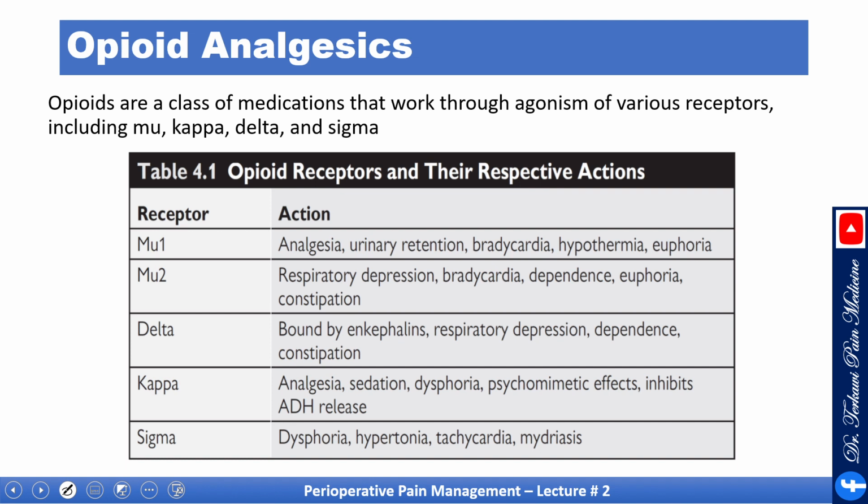But, for example, mu1 is usually the main receptor for analgesia. Mu2 is for constipation. Delta is mostly for behavioral changes and dependence. Kappa is for sedation, and sigma for dysphoria.